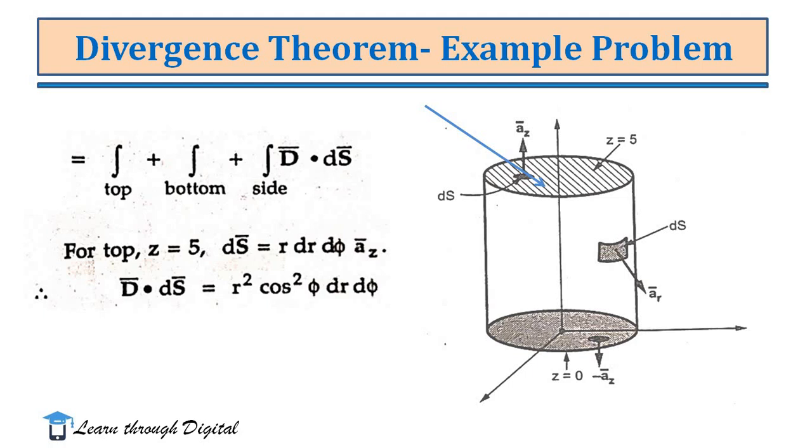dS vector is r dr dφ az vector. Already we know how to write the differential surface normal to the az direction. D vector dot dS vector is equal to r² cos²φ dr dφ.